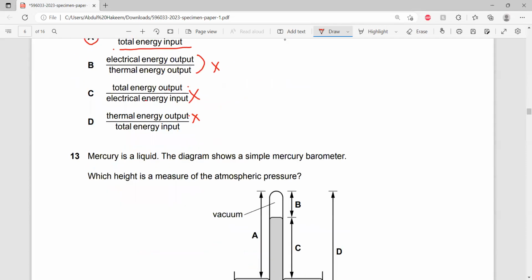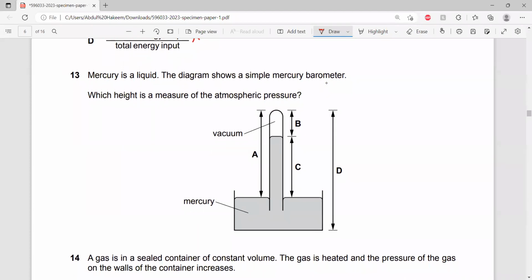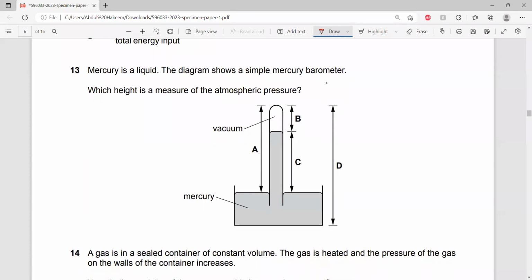And number 13. Mercury is a liquid. The diagram shows a simple mercury barometer. Which height is a measure of atmospheric pressure? So look, we have 2 levels of the liquid, one in the tube, another in the container.